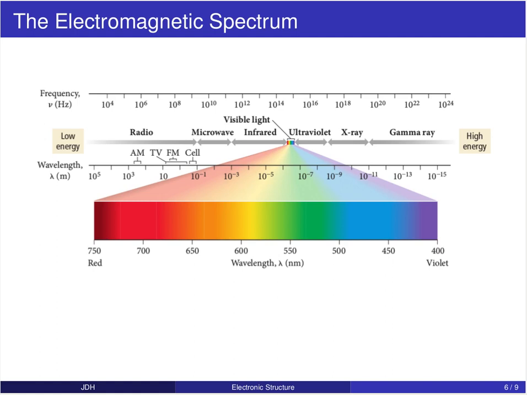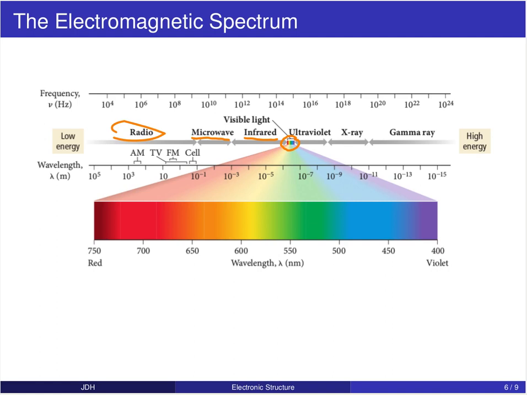Way down here at the very long wavelength side, we've got radio waves. If you start moving to the right, we're getting progressively shorter wavelengths. We'll hit the microwave region, then the infrared region, and then this tiny little piece right here is the visible light spectrum.